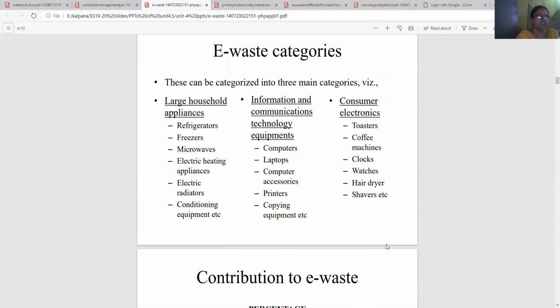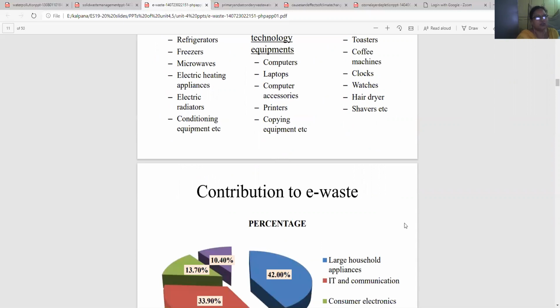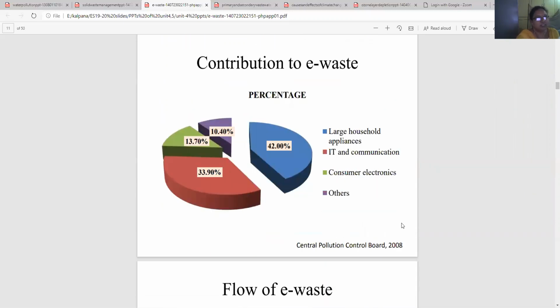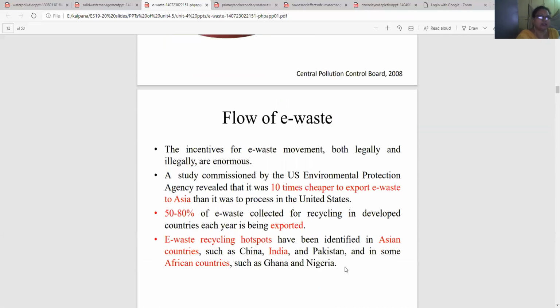E-waste categories include hair dryers, watches, clocks, coffee machines, printers, and so on. Large household appliances contribute about 42%, whereas 33.9% is from IT and communication, 13.7% is from consumer electronics, and 10.4% from others. So a large share is from household appliances.